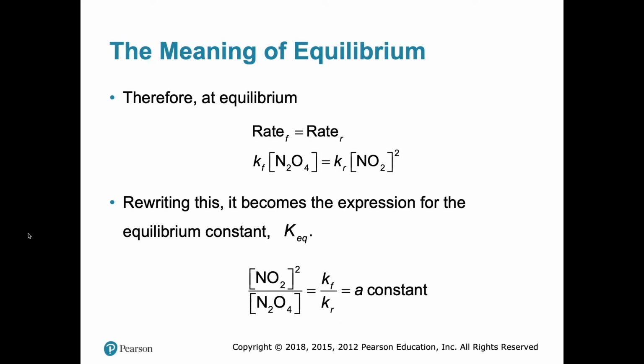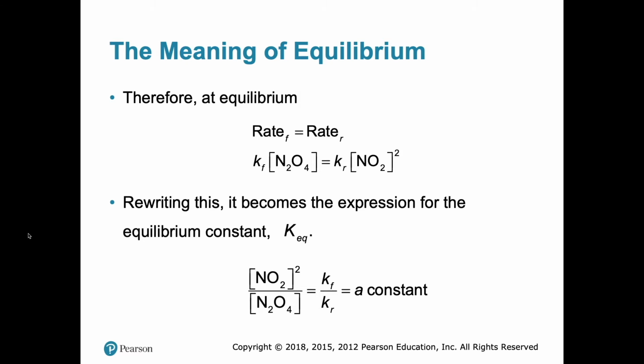All right, so let's take a closer look here. We learned just a second ago that when you reach the point of equilibrium, the rate of the forward reaction is equal to the rate of the reverse reaction. That's why there are no more net products being made, and no more net reactants being made.